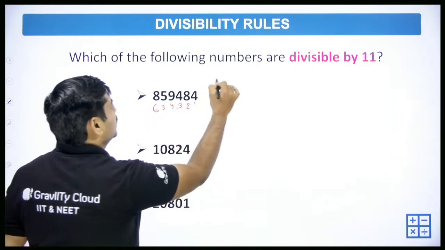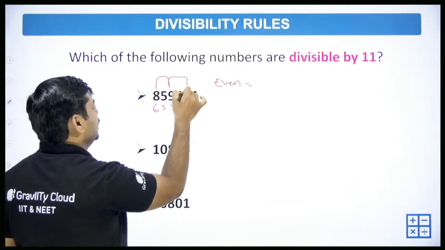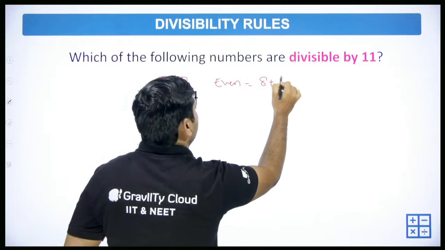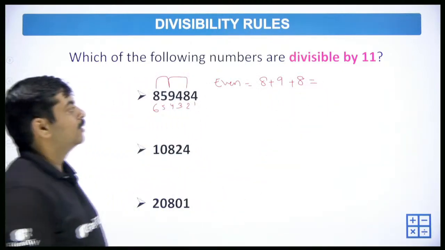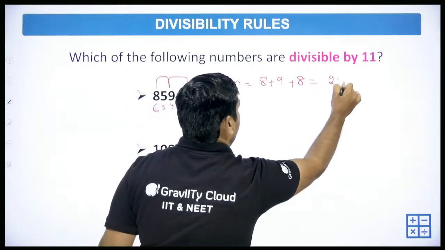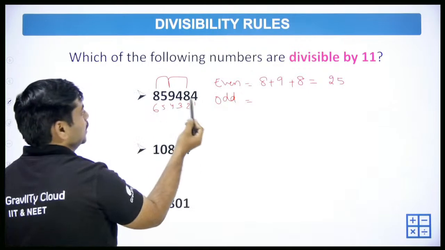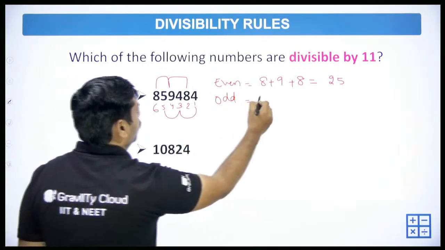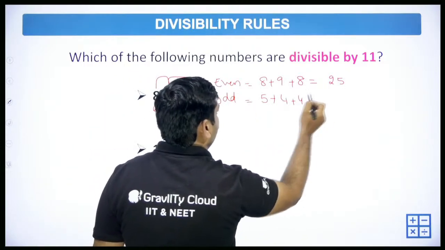All the even places: 8 plus 9 plus 8. Tell me what is that? 25. All the odd digit places: 5 plus 4 plus 4. 5 plus 4 is 9. 9 plus 4 is 13.